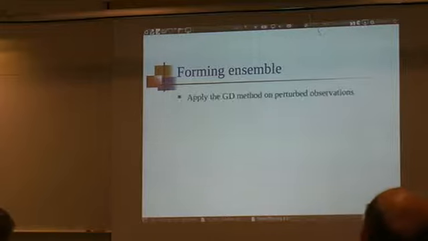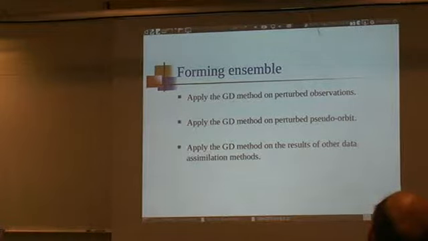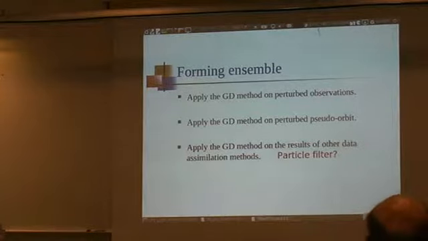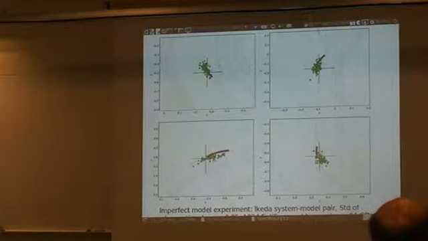Oh, yeah, sure. So to form the ensemble, we can apply the method by perturbing observations and running the gradient descent, or we can perturb the pseudo-orbits and run the gradient descent, or we can apply the gradient on other data assimilation methods, for example particle filters, and then the cheap ensembles. So this is the result. Back to your question, this is for the Akita model system pair with observation noise 0.05, while the model error standard deviation is only 0.018.